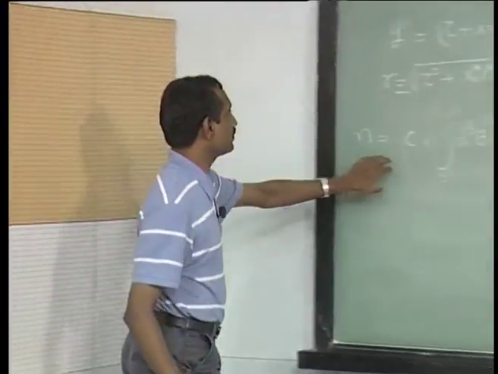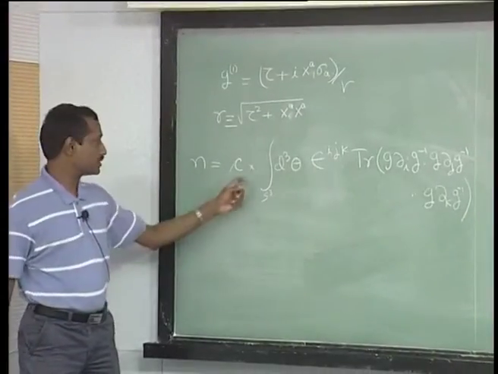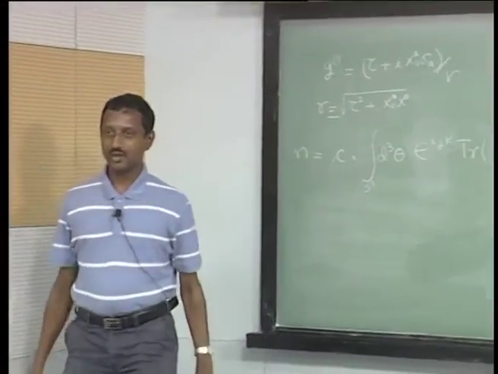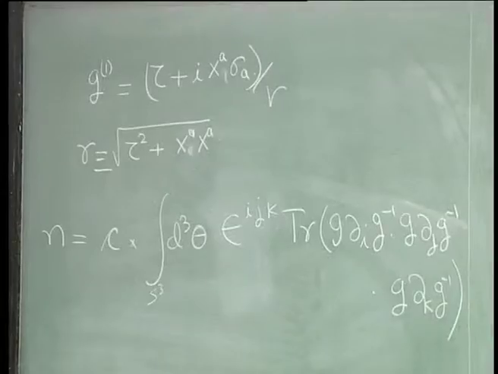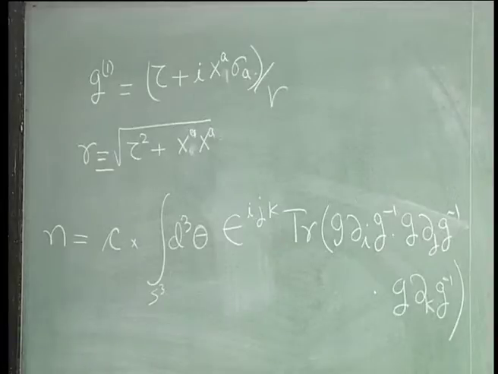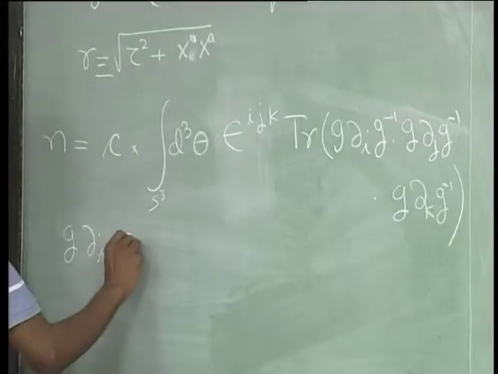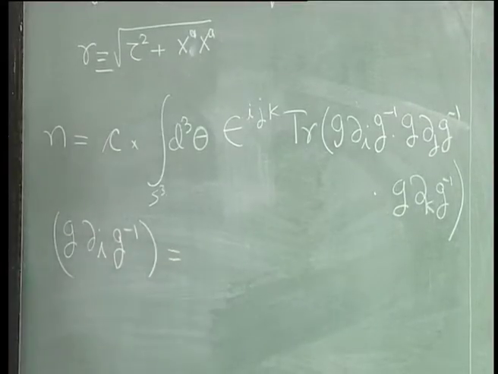We will fix this constant by plugging in G1 and choosing the C such that you get n equal to 1. I am not proving that this is a topological invariant etc., but that is not very hard to prove. We are just going to do this computation, and we needed to compute what G d i G inverse should be equal to.